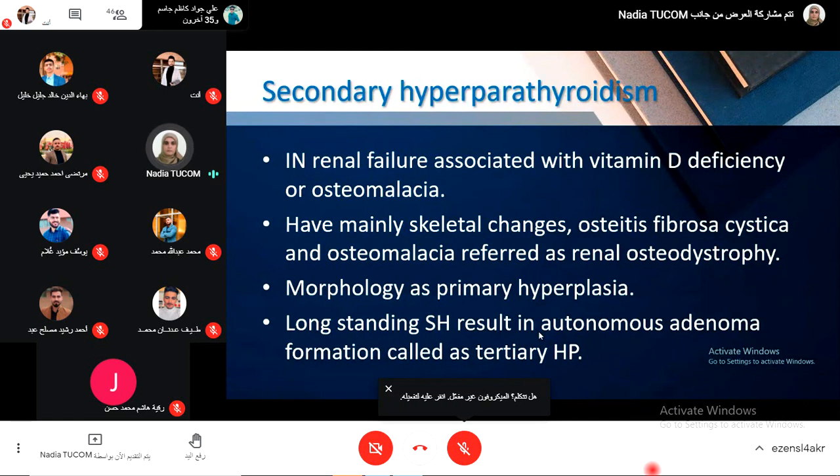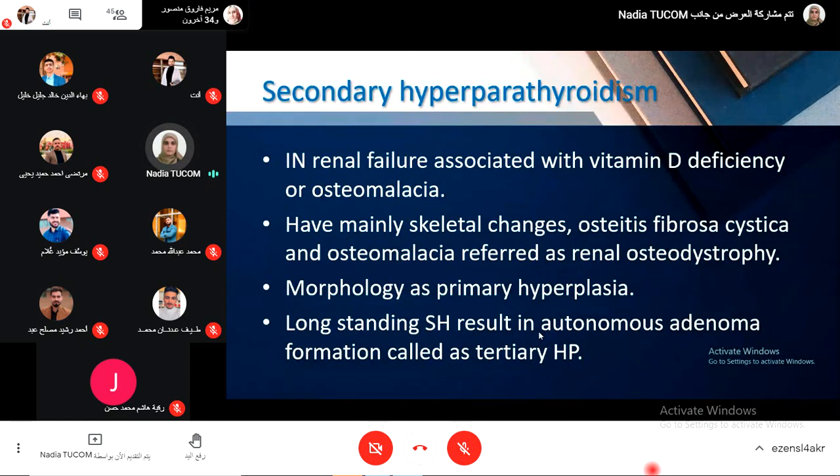The secondary and the tertiary are both related to renal failure. Is it clear so far? In the secondary type of hyperparathyroidism, there is low calcium and increased phosphate due to failure of the kidney to filter phosphate properly into urine.